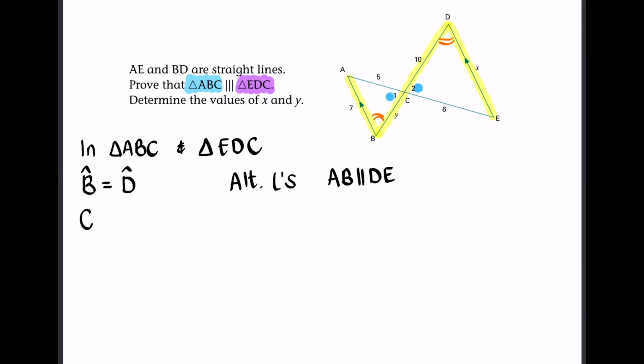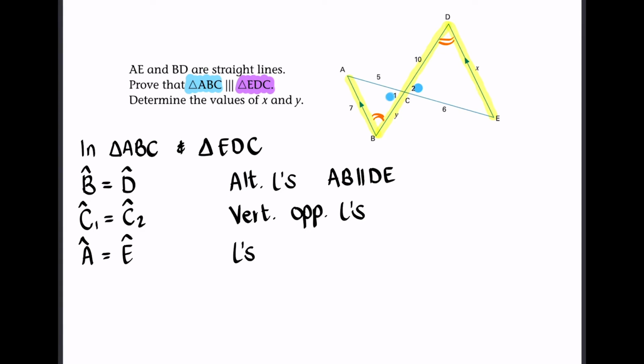Then I have angle C1 equal to angle C2. Why is C1 equal to C2? Because they are vertically opposite angles. And vertically opposite angles are equal. Then I could say that angle A equals angle E because of alternate angles. So angle A is equal to angle E. I could say alternate angles again because that is true.